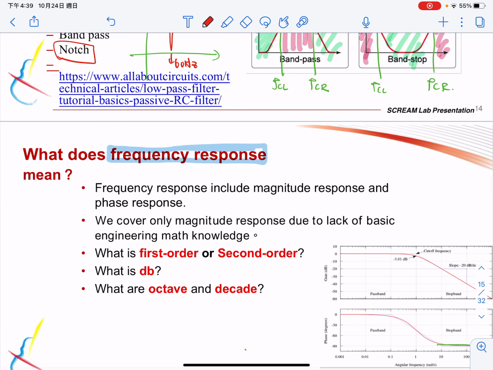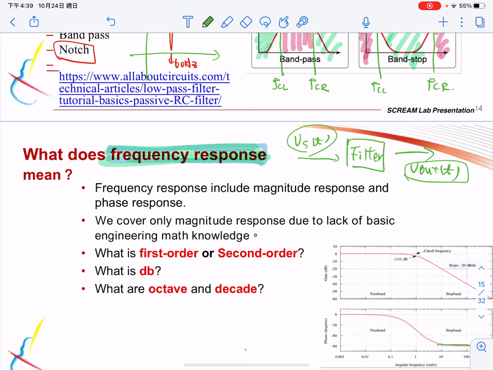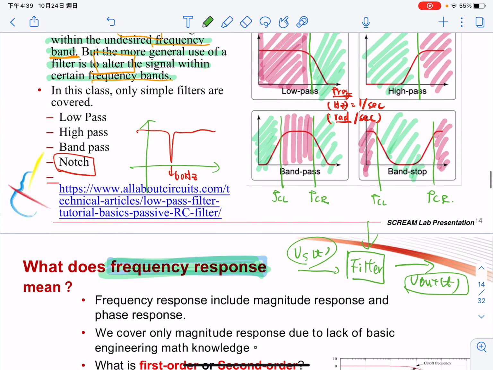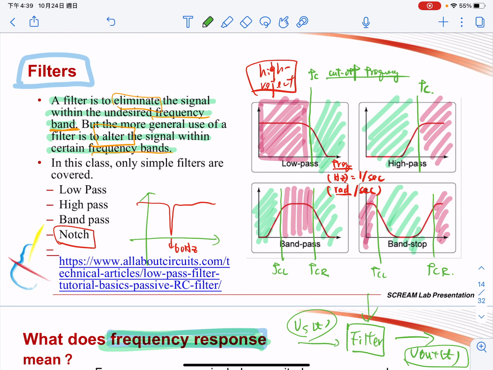Then what does the frequency response mean? We have the frequency response. It means that if we have something like a filter, and we have a signal going in, Vs of t, and a signal coming out, V out of t, we want to know the characteristic of this filter. Is it a low pass filter, high pass filter, band pass filter, band stop filter, or even notch filter?